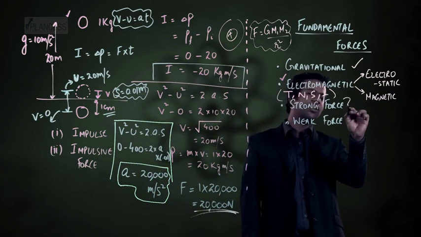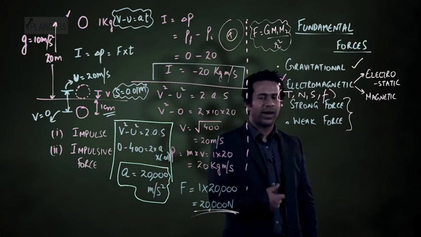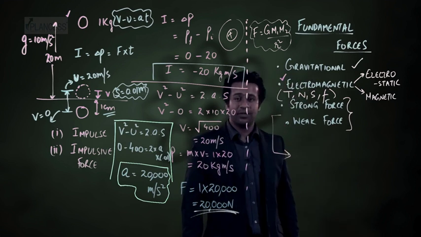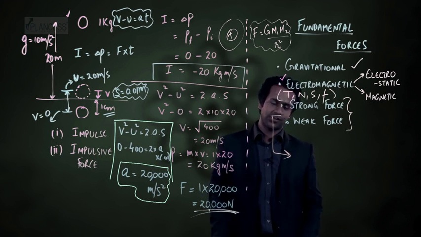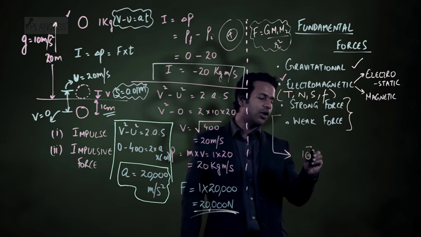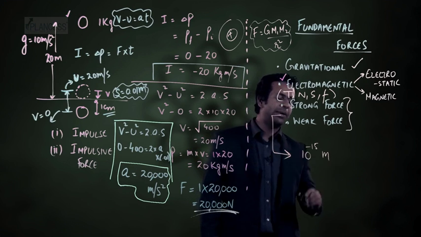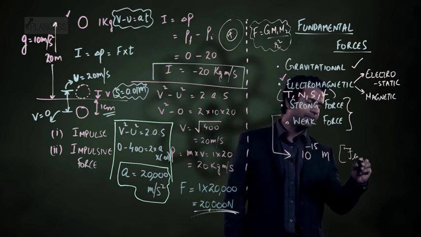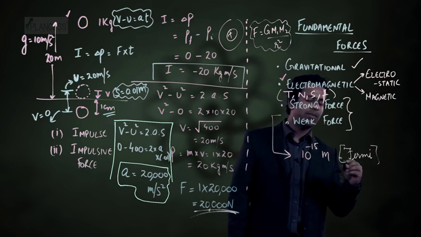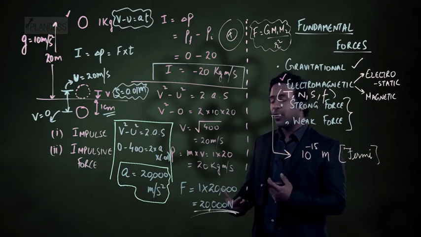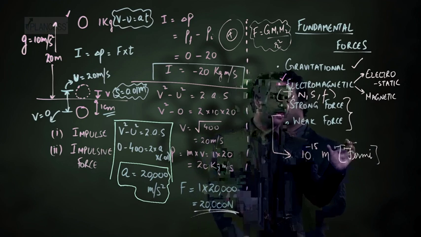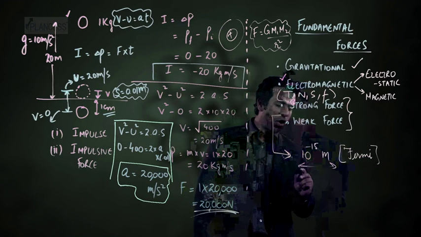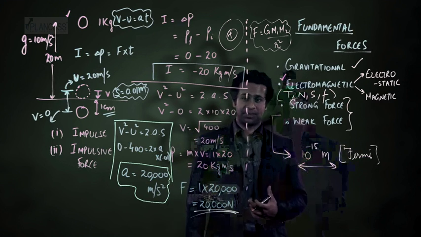The other two forces are called the strong and the weak force. These forces are effective only at a very short range, of the order of 10 raised to power minus 15 meters. This unit is also called Fermi. This is because this is the order of an atomic nucleus.